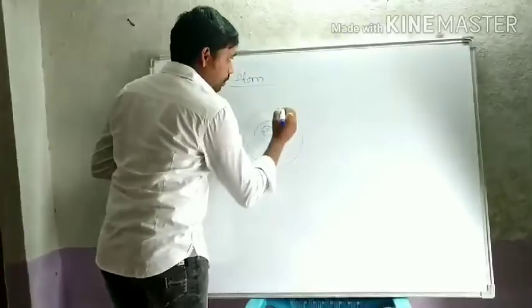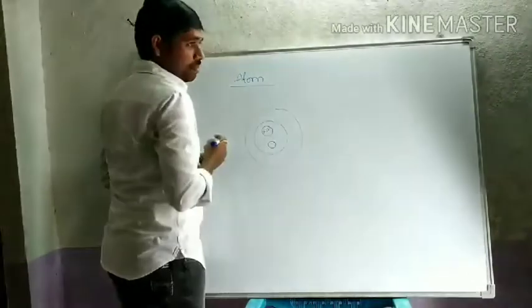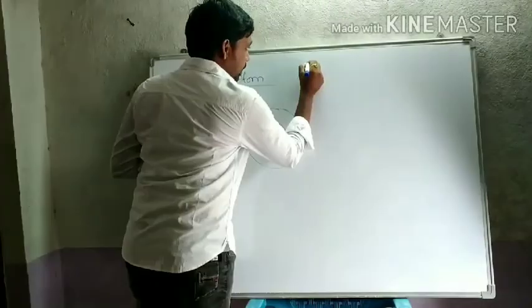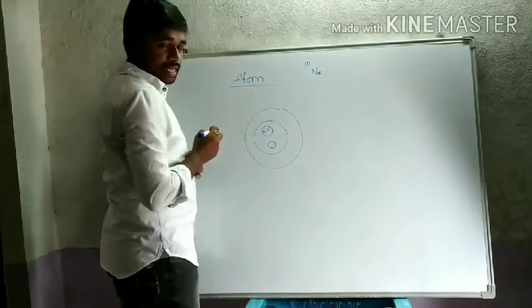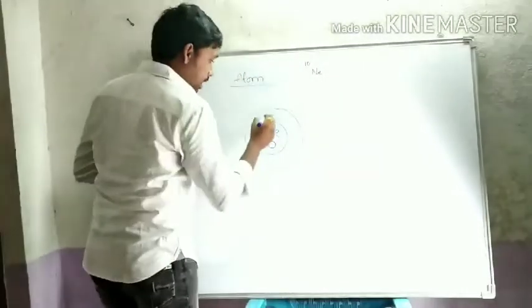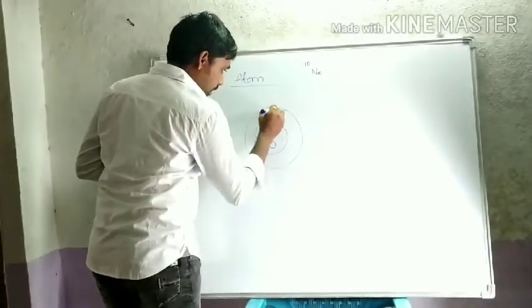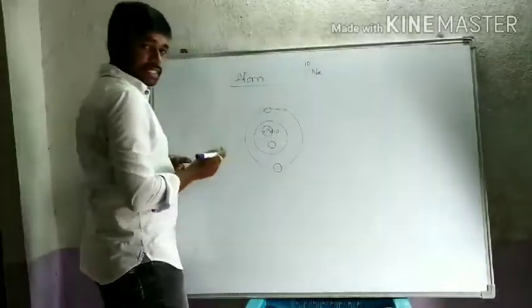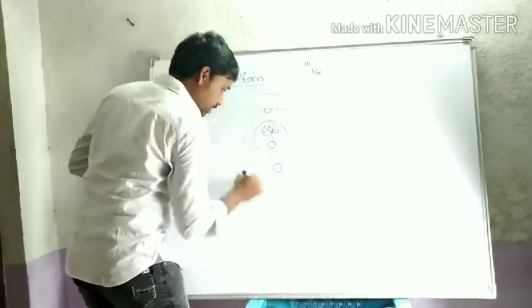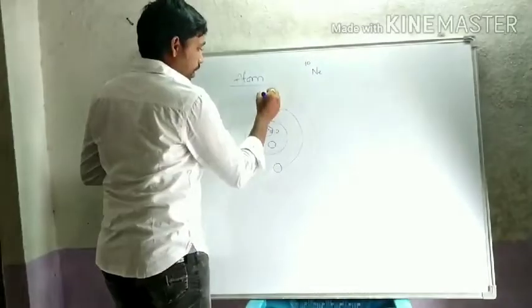If you take any atom, for example neon, its atomic number is 10, so protons are equal to 10 and electrons are also 10. In the first shell there are 2 electrons, and in the second shell there are 8 electrons.